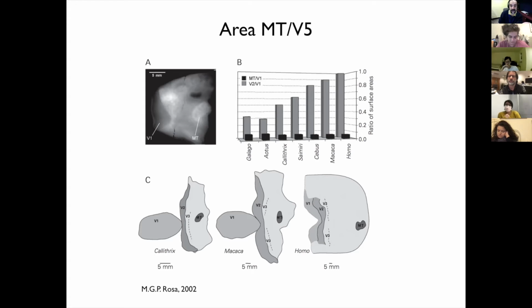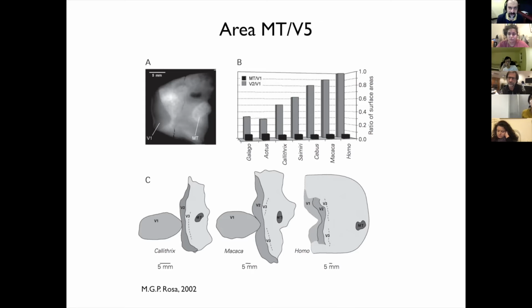And in terms of whether the Homo sapiens brain has other structures to process motion, or maybe Fernando's idea is right, that MT is enough. But the point that I want to make by this evolutionary comparison is that MT is a little bit of a black sheep.